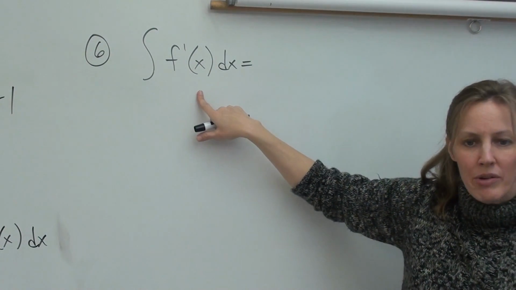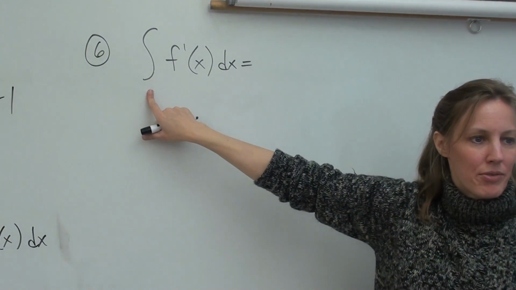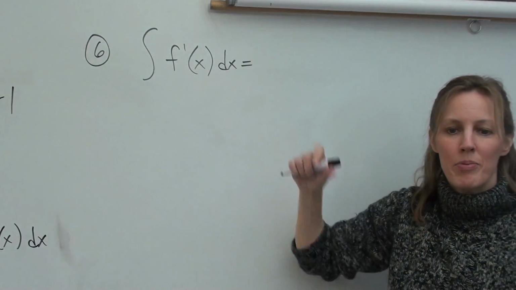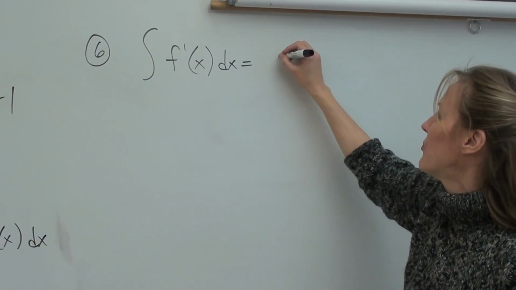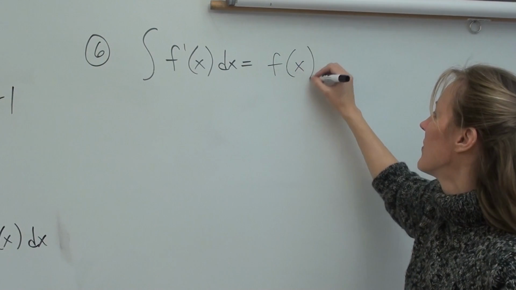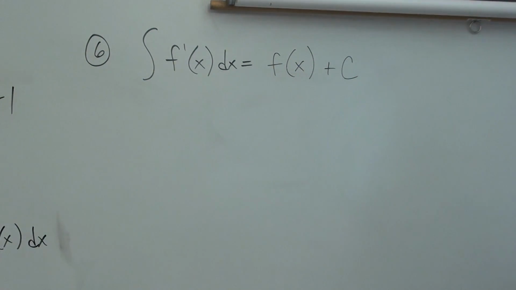So you start with f, you take its derivative, and then you take the antiderivative. What do you end up with? You end up with f of x, plus c of course. If we start with something and we add 5 and then we subtract 5, we're back where we started. Integrals and derivatives are inverse operations.